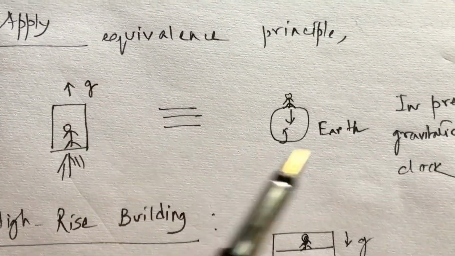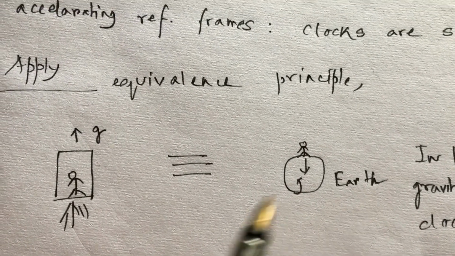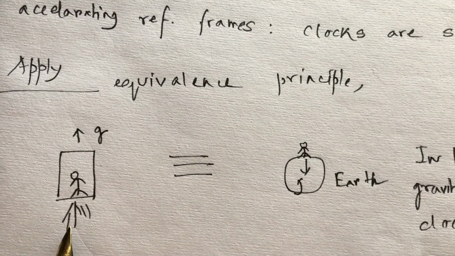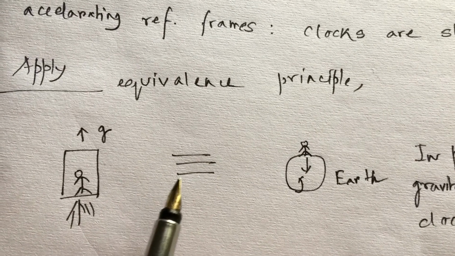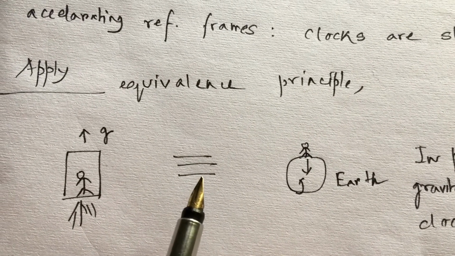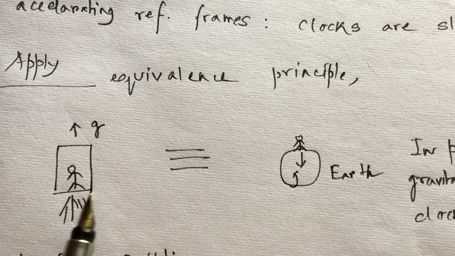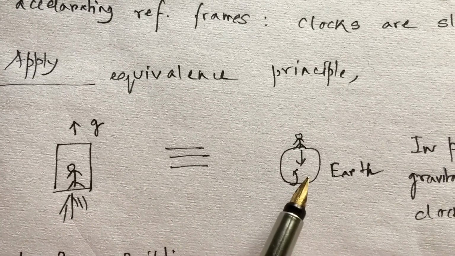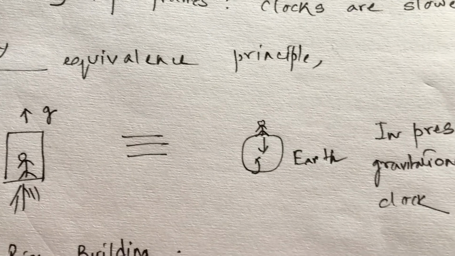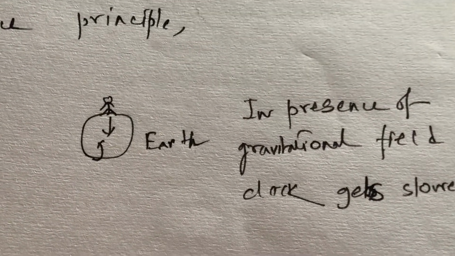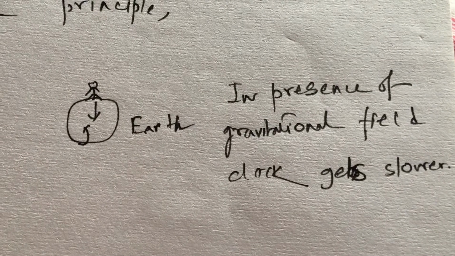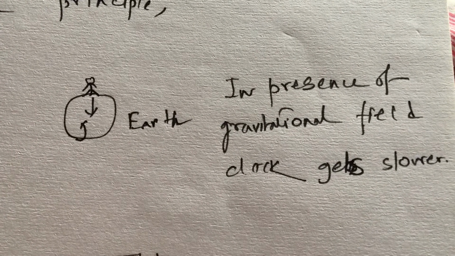So from the equivalence principle, this accelerating reference frame will experience a slower clock, and according to the equivalence principle, the same thing will be applicable on Earth, because on Earth we are experiencing a gravitational field, and in the presence of a gravitational field, clocks get slower.